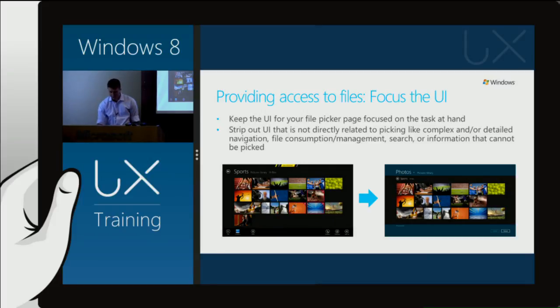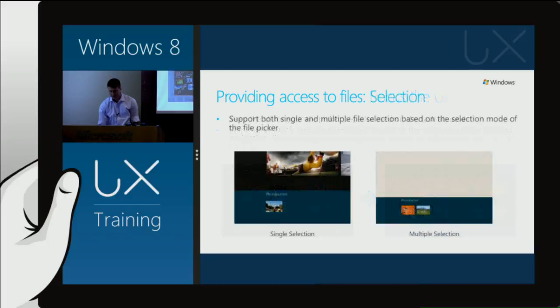So we've already talked about removing some of the core commands and putting them in the command bar. The other thing about the file open picker is there are two different modes it can run in based upon how it's launched. The client app can say, I only want a single file back, or the client app can say, I'm okay receiving a lot of files back. In the case of the lock screen, it only wants one image because it's going to set a single image as your lock screen, right?